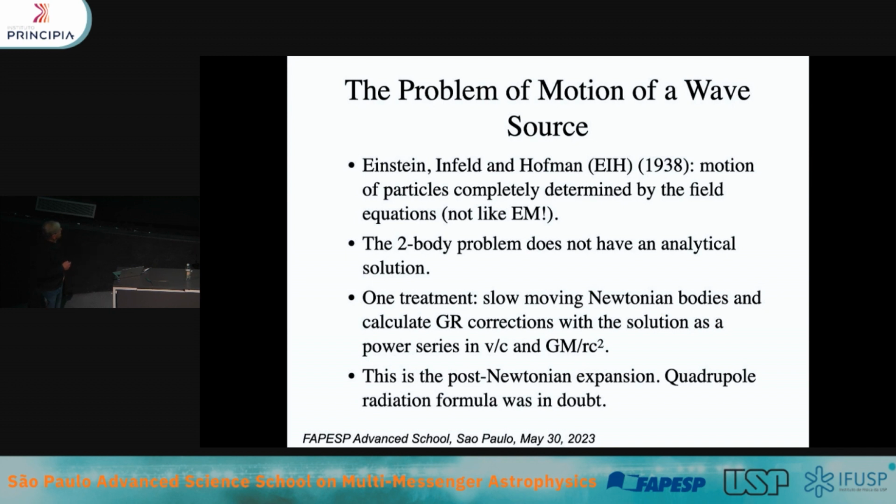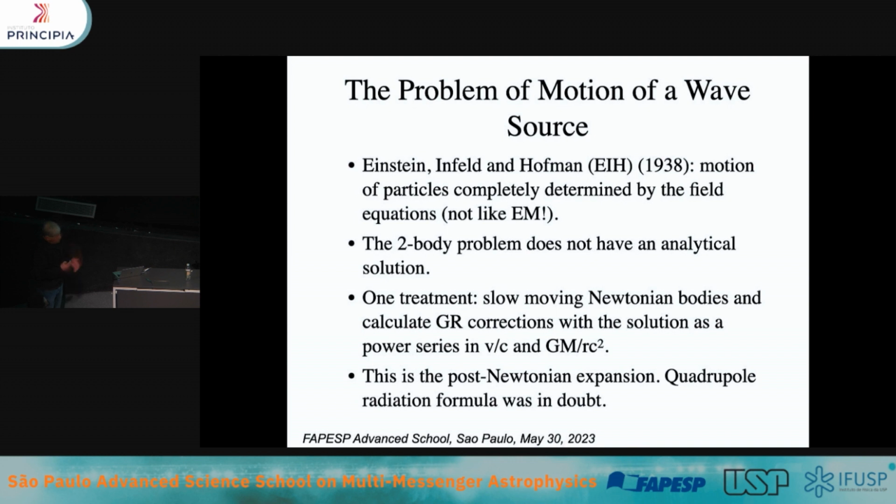But the one big problem is that the two-body problem does not have an analytical solution like you have in Newtonian gravity. So, of course, then the solution of considering Newtonian bodies that are moving slowly, and you can do an expansion in powers of v over the speed of light, and in the potential, and this is the post-Newtonian expansion.